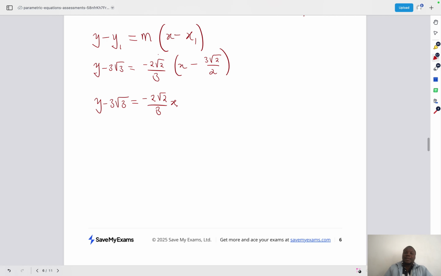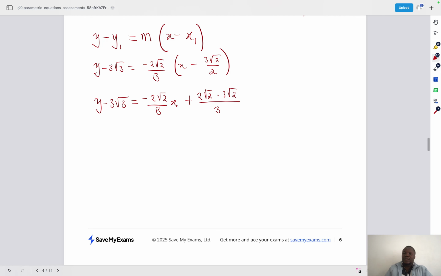Now when I multiply this guy with that, what I'm going to get is plus 2 root 2 dot 3 root 2, over 3, because I'm multiplying the top and the top. So the top and the bottom, sorry.